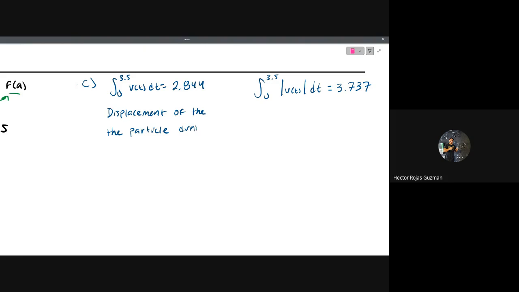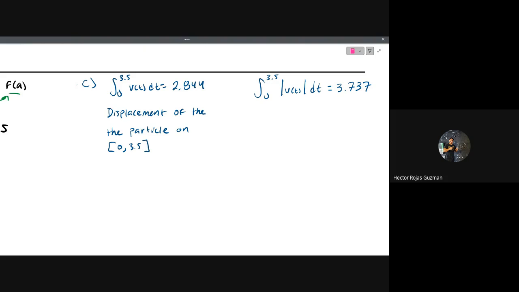You can phrase it however you want, but I'm going to say it's during the first 3.5. Man, it's not seconds, so I don't know if I'm going to be wrong by saying seconds. So maybe I shouldn't say that. The displacement of the particle on the interval from 0 to 3.5.